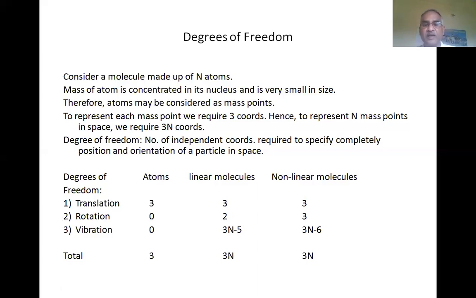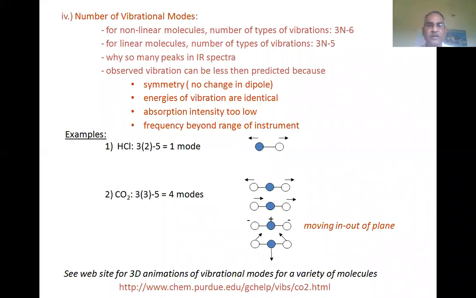Similarly, you can calculate vibrational degrees of freedom for a non-linear molecule. It comes out to be 3n minus 6. For real molecules, you can apply those formulae and then calculate the degrees of freedom, which corresponds to the peaks in the vibrational spectrum or infrared spectrum.